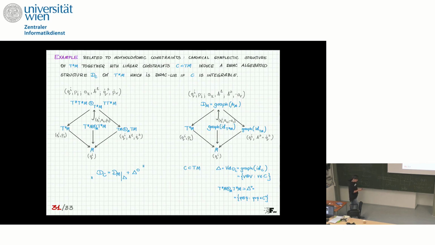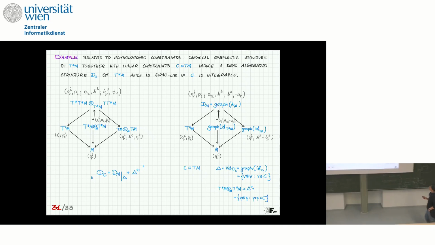So the Dirac structure we need for describing systems with constraints, non-holonomic constraints, and very general, with no restriction for the type of the Lagrangian that we use, can be constructed in the following way.